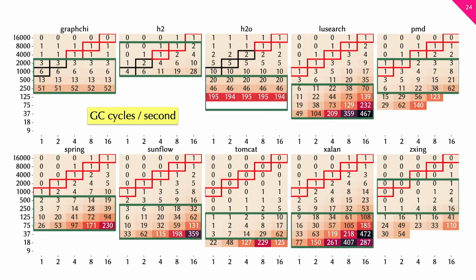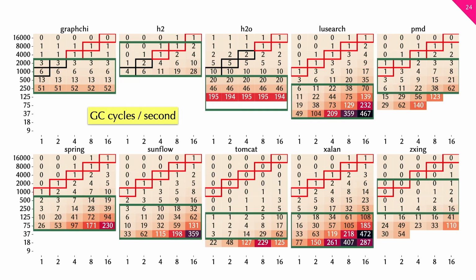Right, so this is what we see. Notably, the bottom rows here see very high frequency GC. Sometimes, especially if we're looking at the 16 worker thread configurations, where there are 16 threads that can now allocate data, that's of course going to exhaust the amount of memory that we have given to these programs faster, and so that will increase the GC frequency.